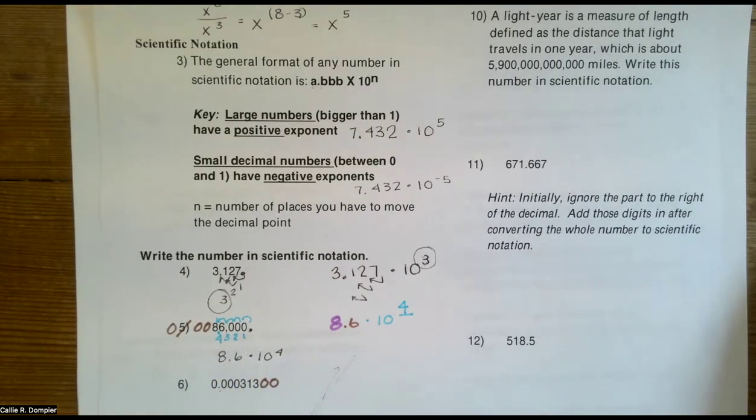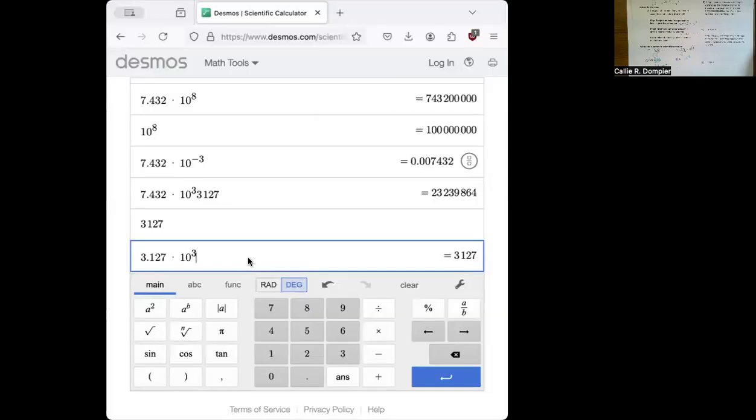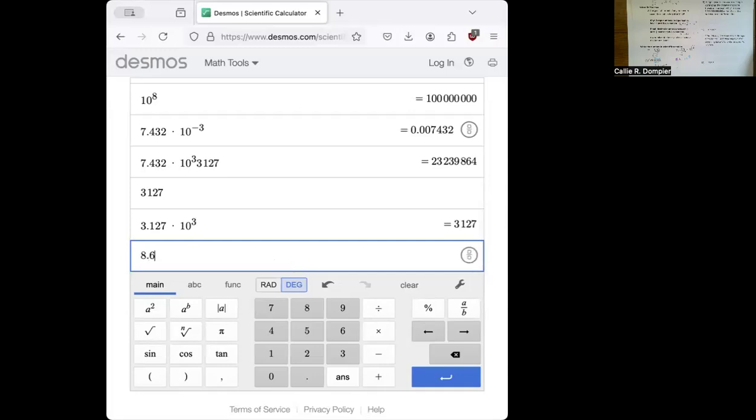You're welcome to check that in your calculator. 8.6 times 10 to the 4th, 86,000. Good.